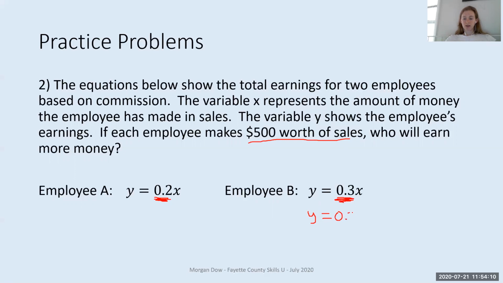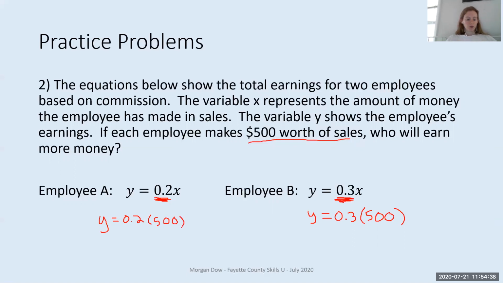So X is the amount of money we made in sales, so that's that $500. We're going to plug that in for both of these equations. And we're going to do the calculation.